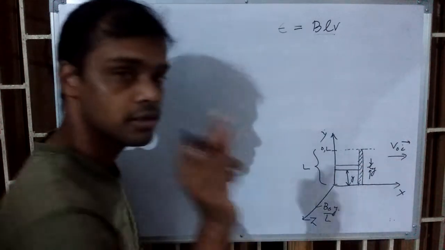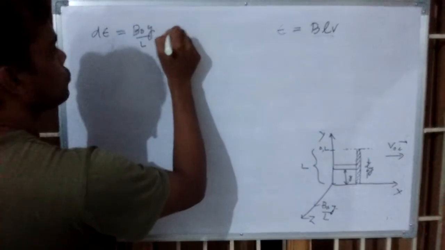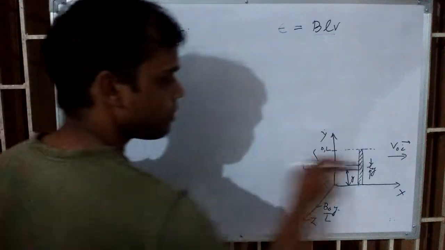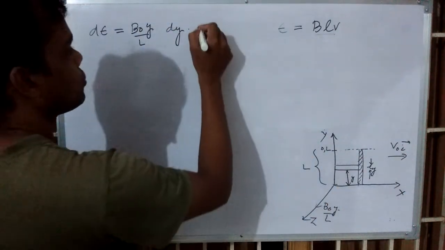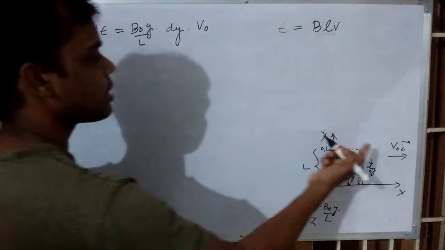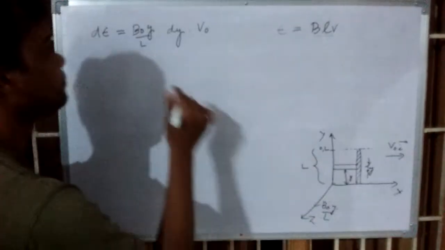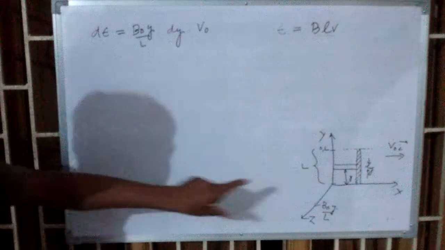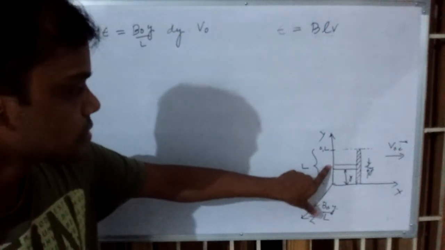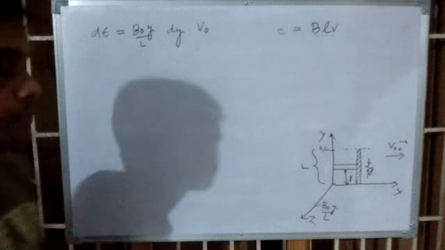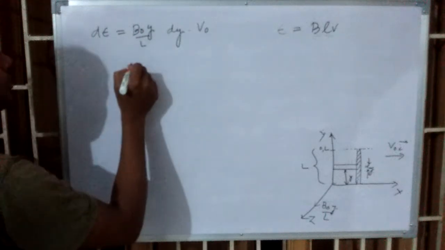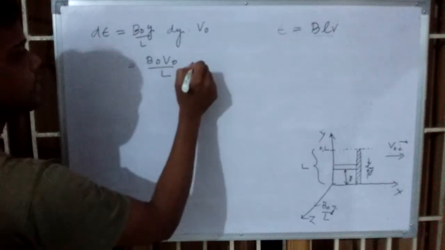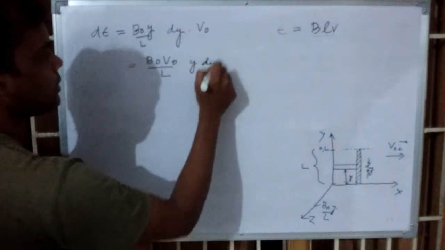That's why dy is the rod length. Then v is the velocity of the rod, which is v naught. I will not write i cap because it is a constant value. So BLV is the EMF generated across these two ends of the rod, that is dy. So this becomes d epsilon equals B naught v naught by L y dy.